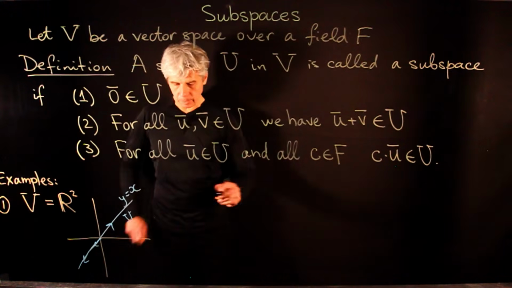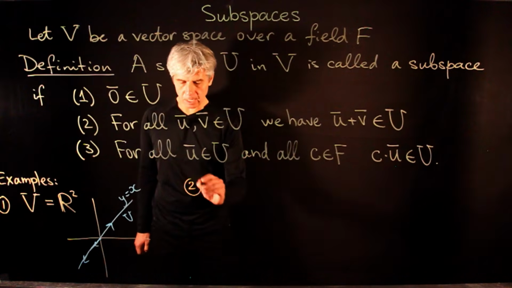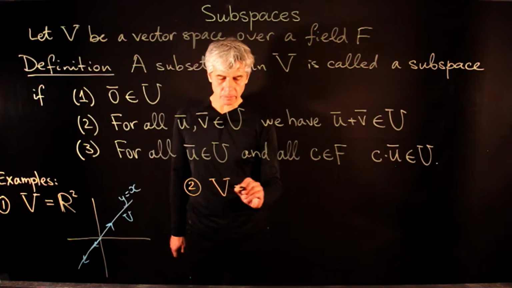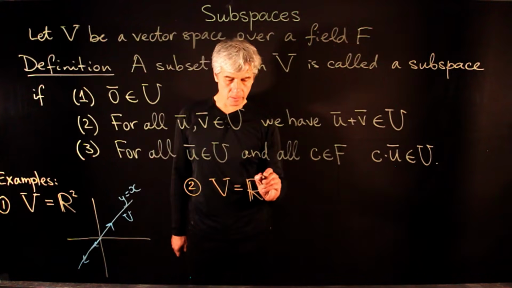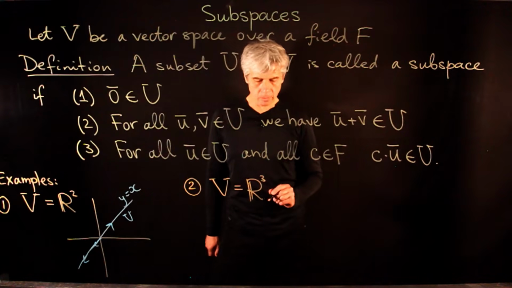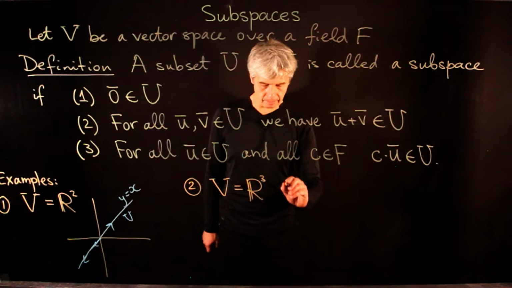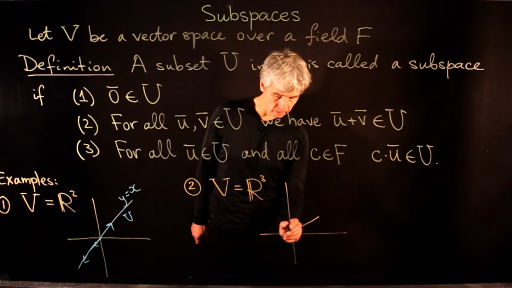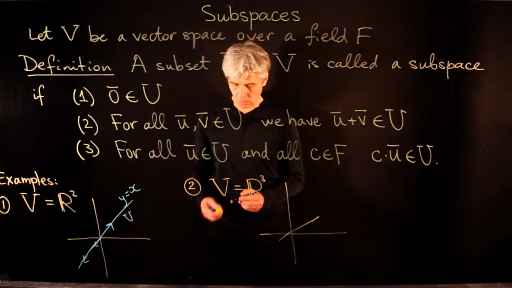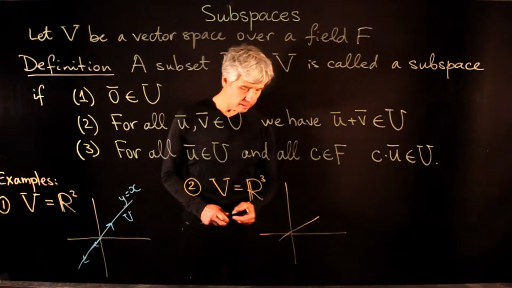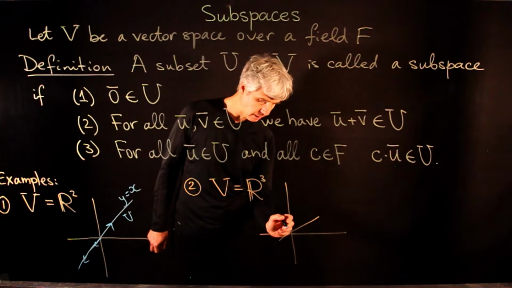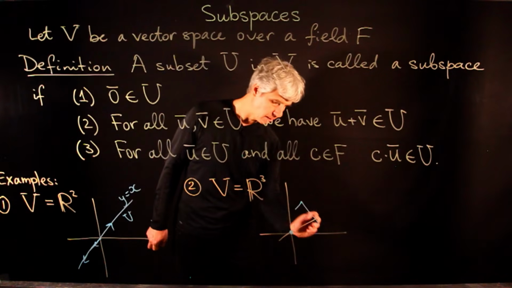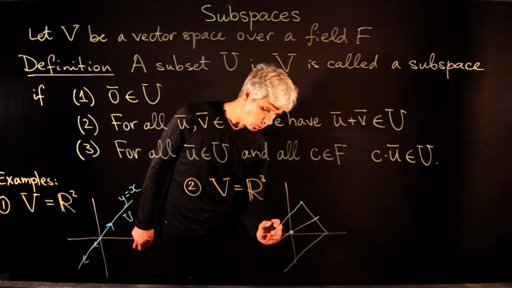A second example is similar in nature. So let's take V to be R3. So this is a three-dimensional space with a coordinate system. And so here we can draw the three coordinate axes, and as a subset, I'm going to take a plane that passes through the origin.